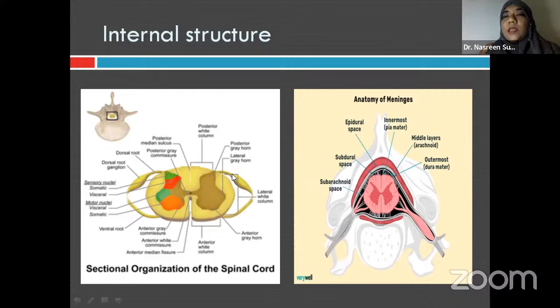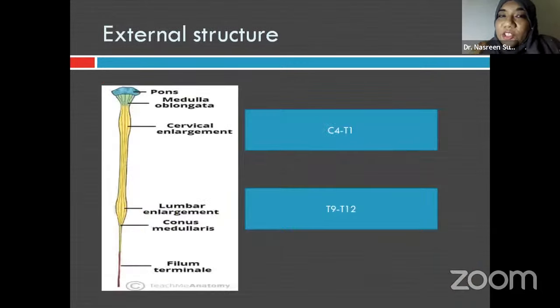Now, if he is asking for 5 marks, then you mention the meninges also. But if it is asked for 14 marks, then you mention this external structure also. External structure is simple, but if you have time, then you carry on with this external structure.